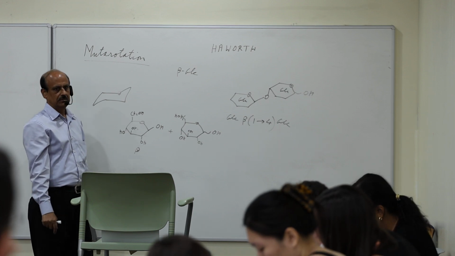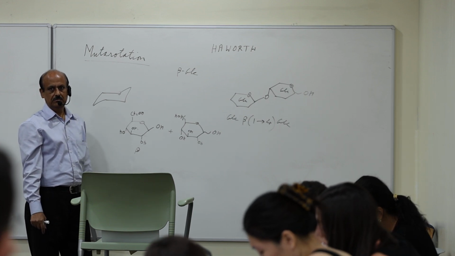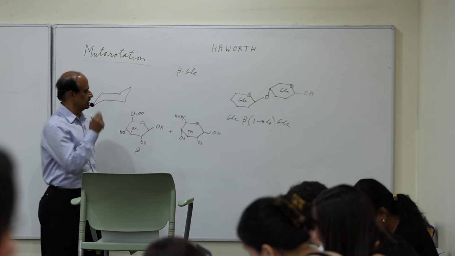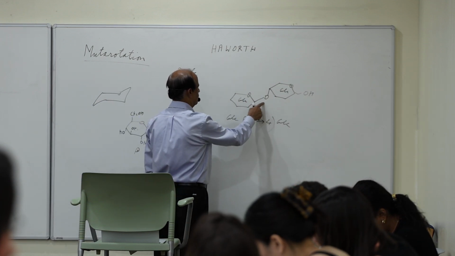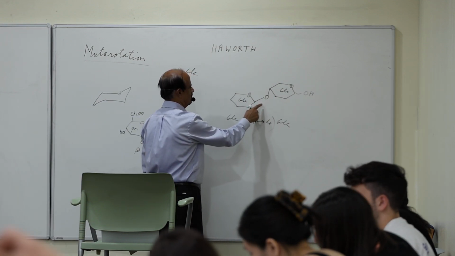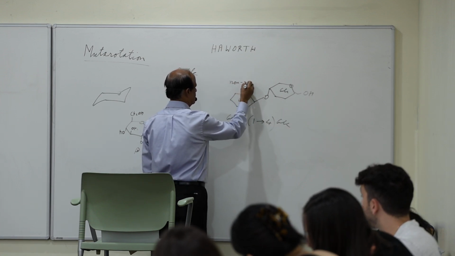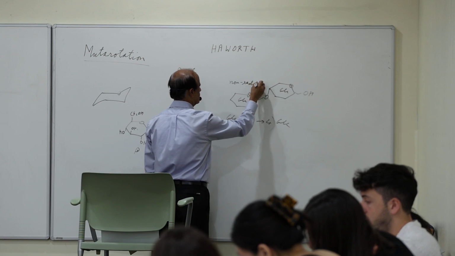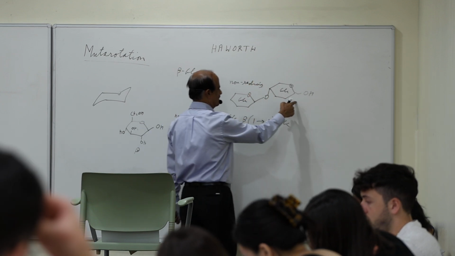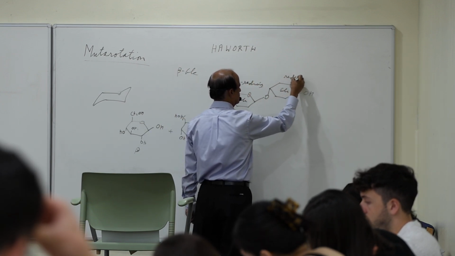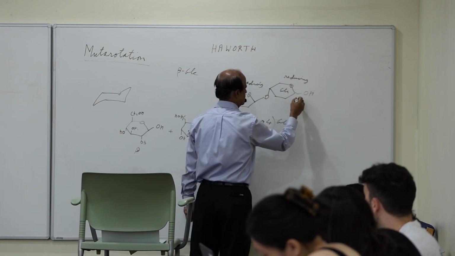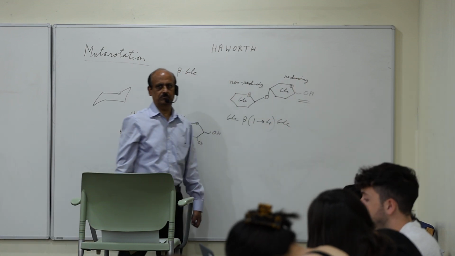It cannot be oxidized easily or reduced because it doesn't have the OH here. It is in the glycosidic bond. So this end of the molecule is called non-reducing, and this end of the molecule is called the reducing end, because it has this anomeric OH which can be reduced.